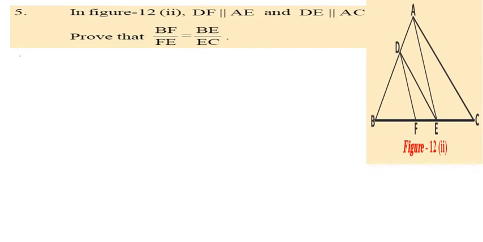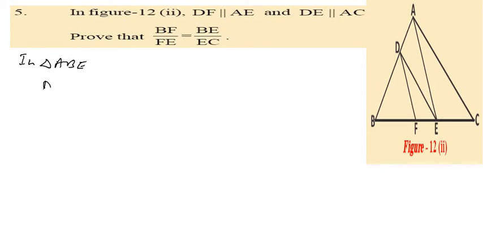Now come to the question number 5. It is given that DF parallel to AE and DE parallel to AC, then prove that BF upon FE is equal to BE upon EC. Let us start. First of all, you can see in this triangle ABE. Now in triangle ABE, DF is parallel to AE.